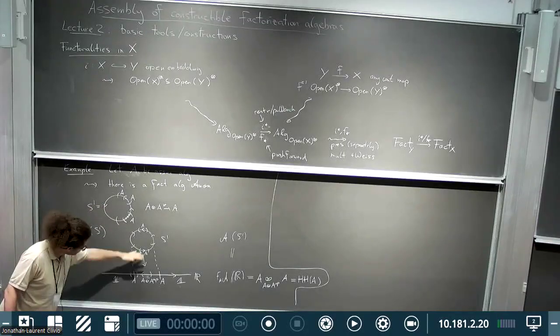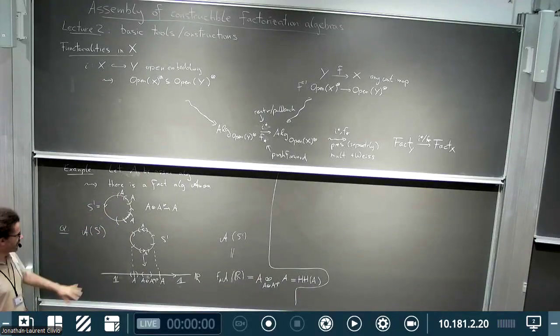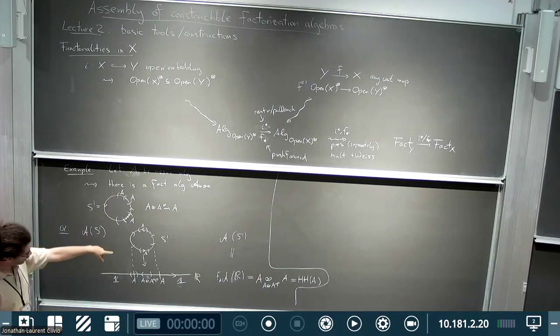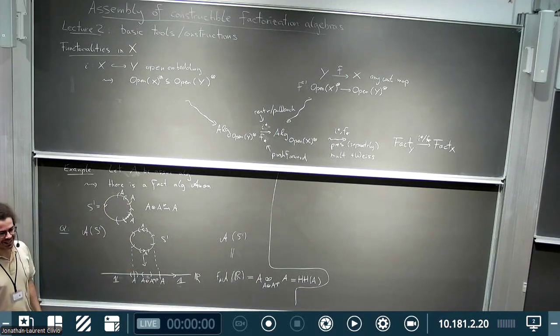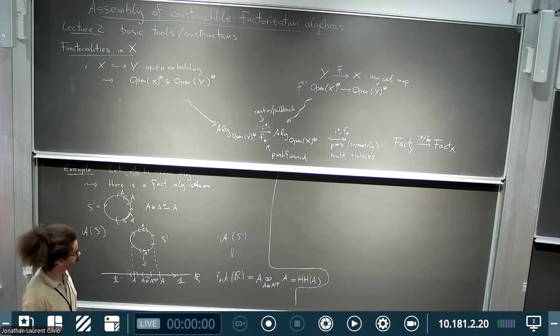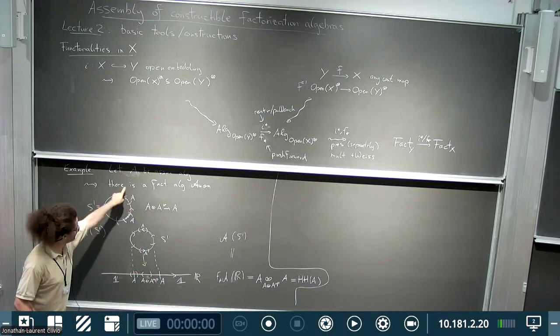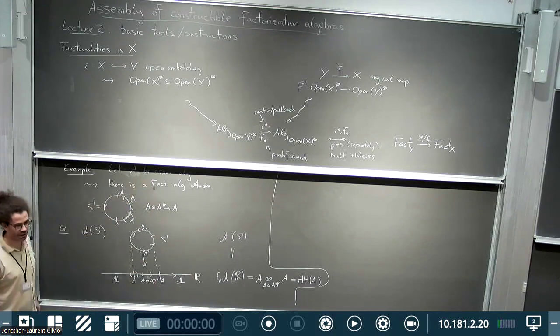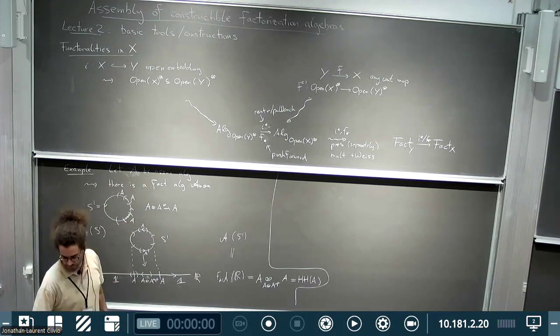Instead of doing it like this, you can directly choose something on the circle, which gives you the cyclic bar construction. But this is a bit easier to explain because it just reduces to something I already showed last time. But also you get a geometric proof of this. Yes, that's right. Of course, we're assuming that this factorization algebra exists, which we will be able to construct a bit later with other methods.